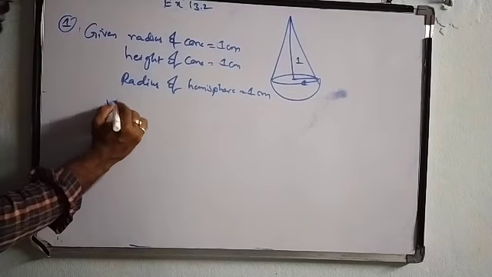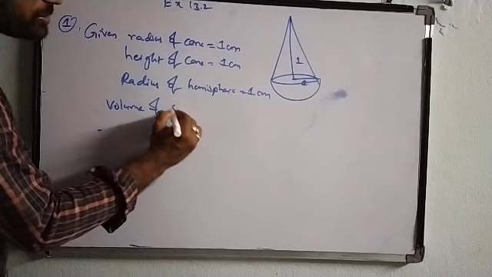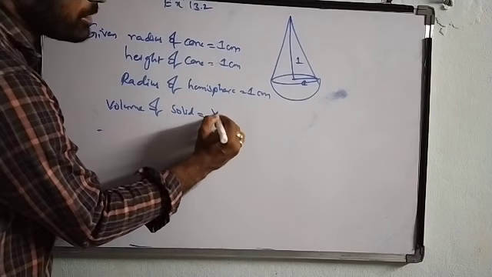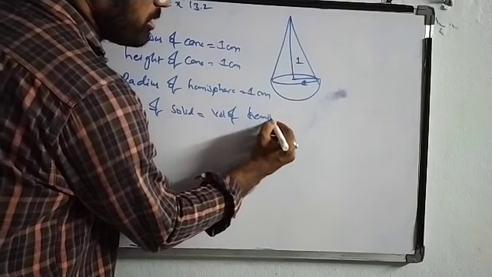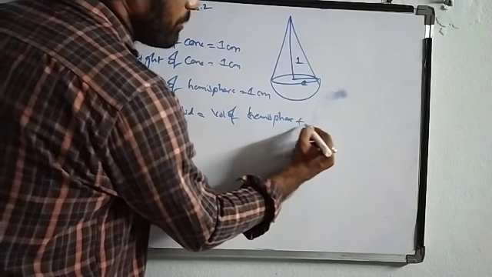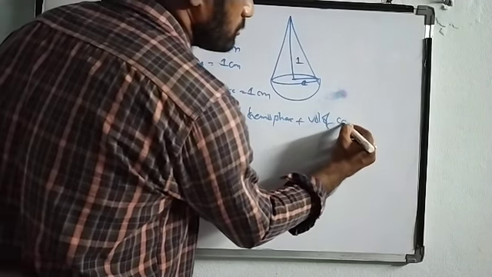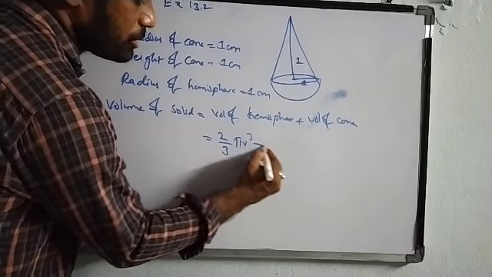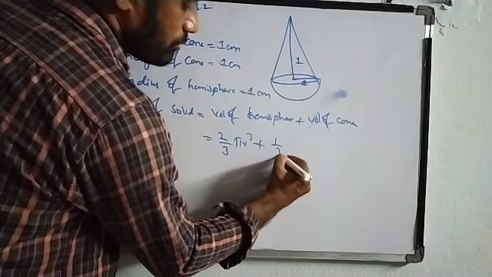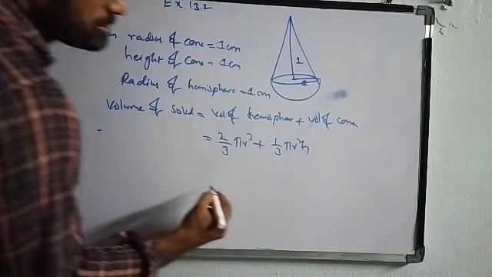It's asking volume. So volume of solid is equal to volume of hemisphere plus volume of cone. Volume of hemisphere we have the formula 2 by 3 pi r cube, plus volume of the cone we have the formula 1 by 3 pi r square h.